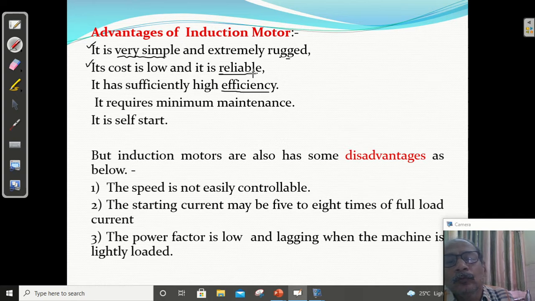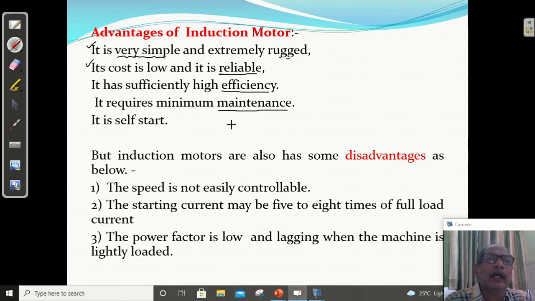It requires minimum maintenance because it does not have any commutator, brushes, etc. So it will require less maintenance, and its rotor part will not be damaged. And it is self-start. If we are talking about the three-phase induction motor, this motor is self-start. So these are the advantages of the three-phase induction motor.